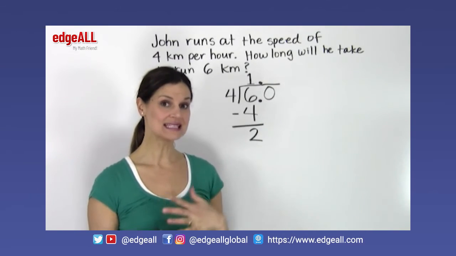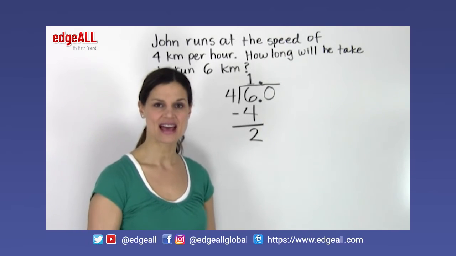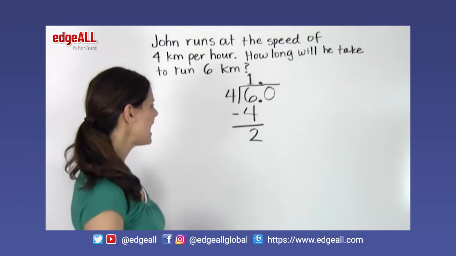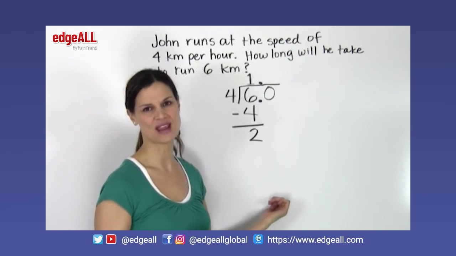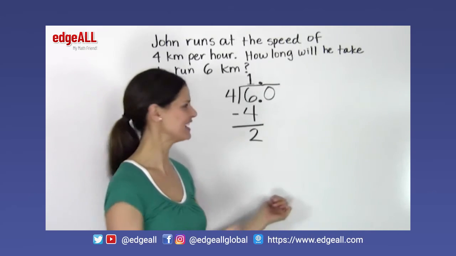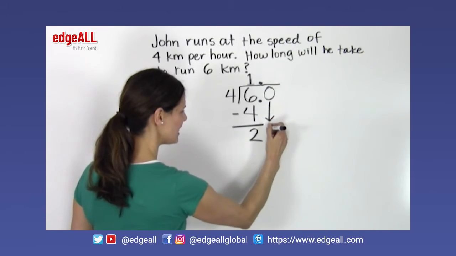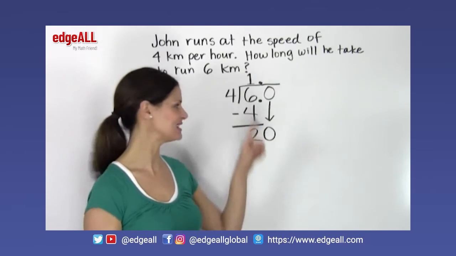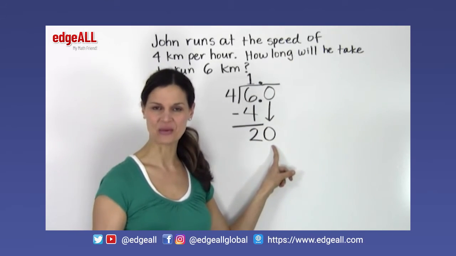And now I simply continue the process of long division as I would if I were just working with whole numbers. And so I now have a 0 that I can pull down to join the remainder for my previous calculation. So I simply bring this 0 down here. It joins in with the 2 that was the remainder from my 6 minus 4. And I now have a 20 to work with.